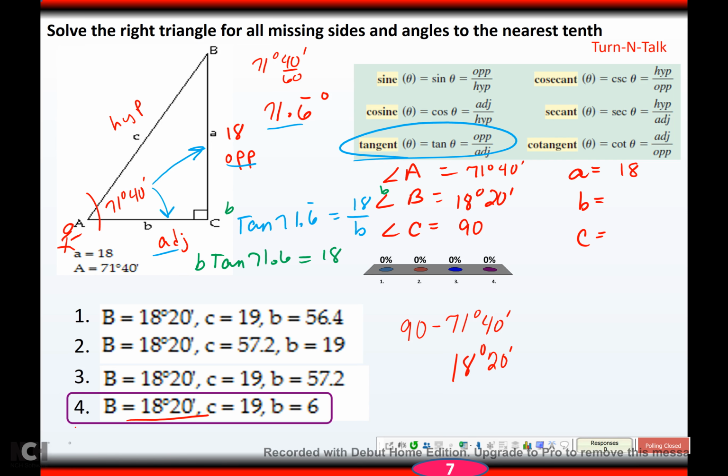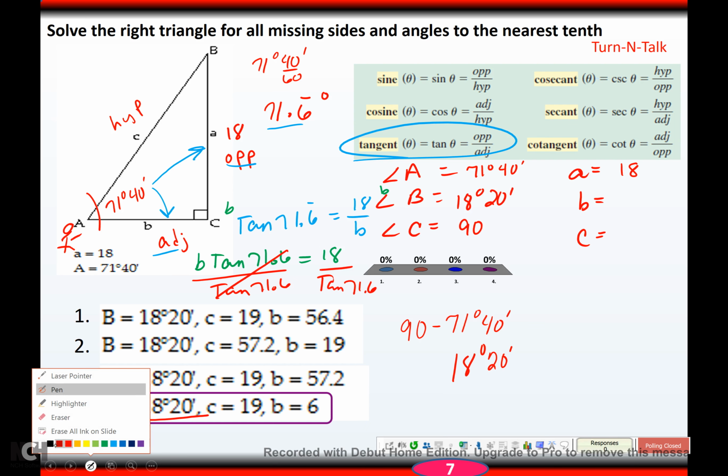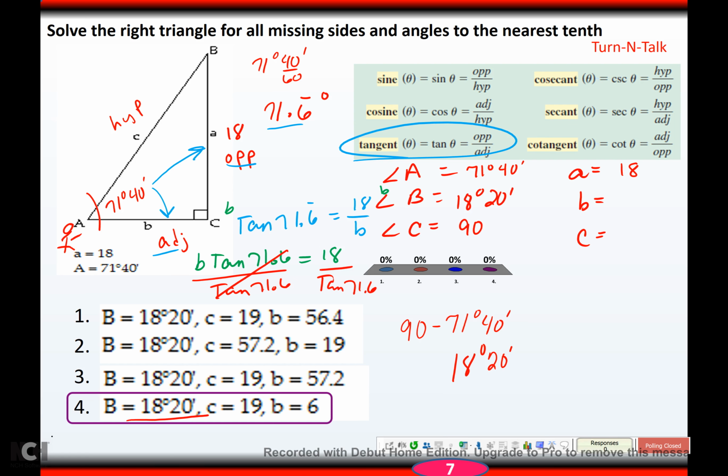To get B alone now, I'm going to divide by tan 71.6. And little b then is going to equal 18 divided by tangent of 71.6. And I get little b equals 5.987, and so on, to the nearest tenth.